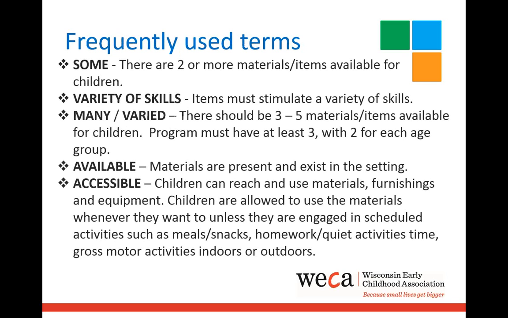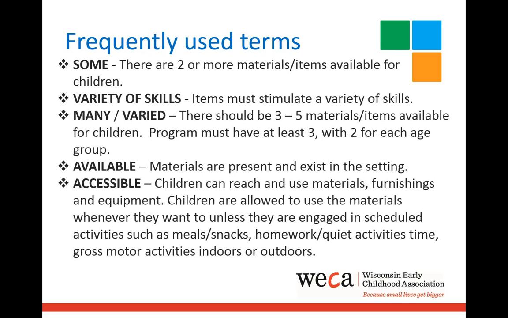There's a few frequently used terms. There are 2 or more materials or items available for children to use. So you're going to see that in a lot of the different activity areas. Variety of skills is another term that we use in the SACERS book. Many and varied is used throughout in all the different activity areas.